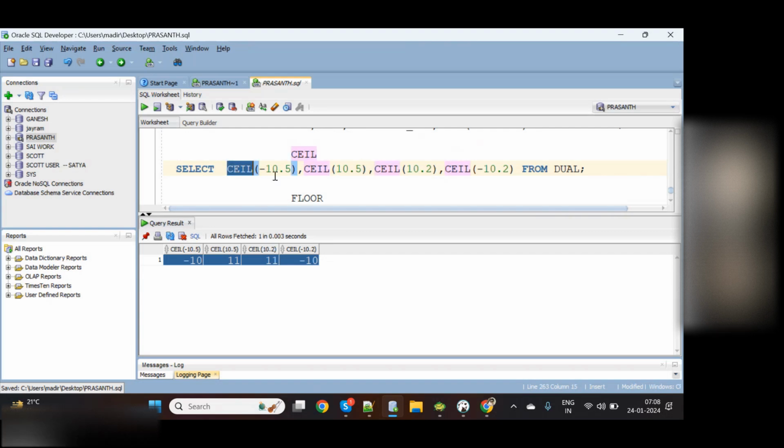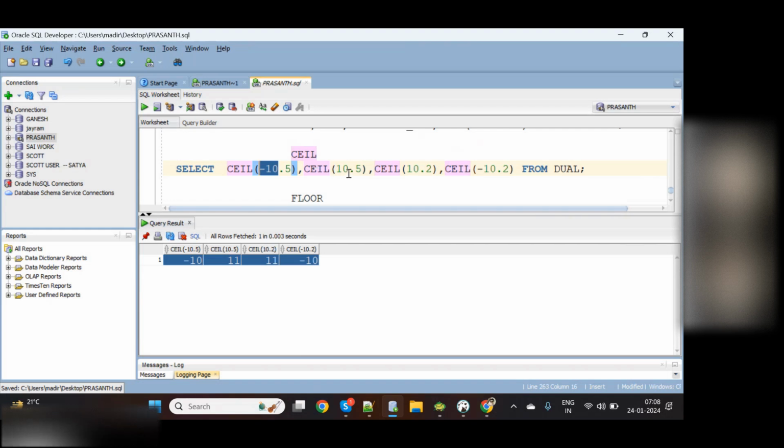Negative values, what is the upper value? Between -10 and -11, which is the bigger value? -10 only, no? -10 is bigger. Yes.